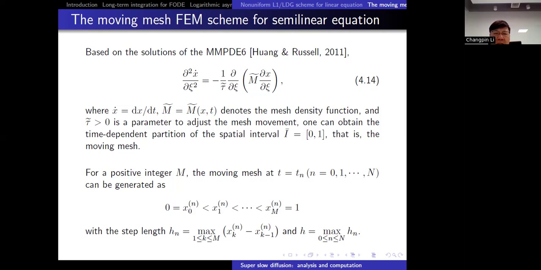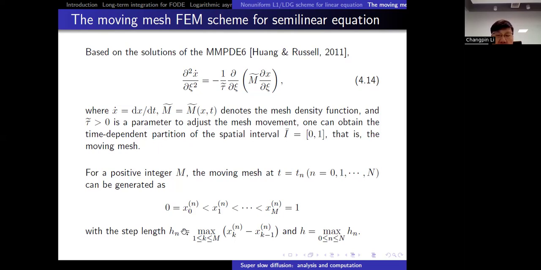So I just explained, at a different time layer, the interior nodes are different. But the total number of nodes is the same.